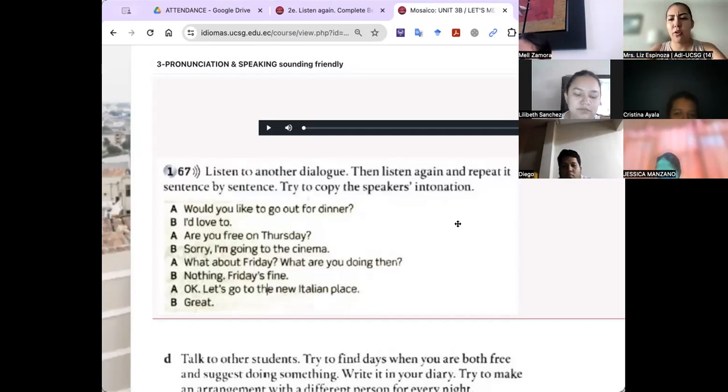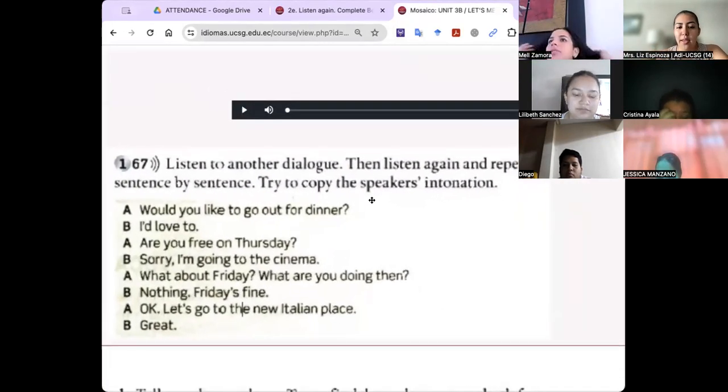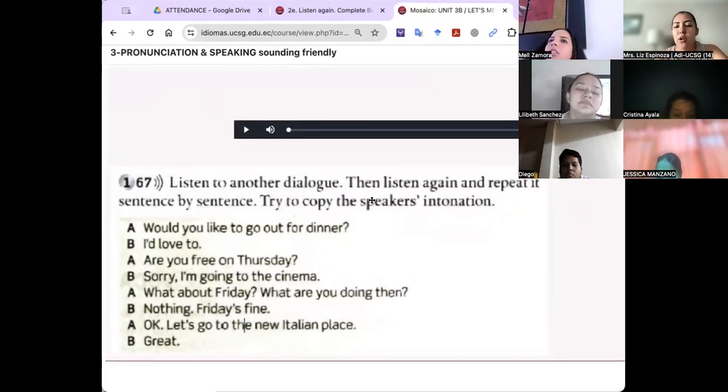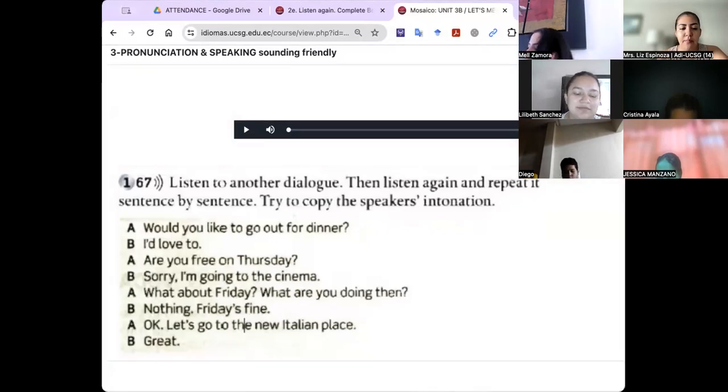Listen to another dialogue, then listen again and repeat it sentence by sentence, so that you sound quite natural. I'm not saying that you have to sound like gringos, but yes, you have to sound correctly, okay? And natural, not forced. It says, try to copy the speaker's intonation. So again, I will play the audio and please, I need you to practice at home. Repeat once you listen to the audio, okay?